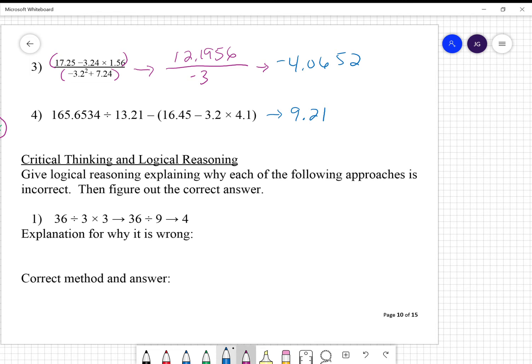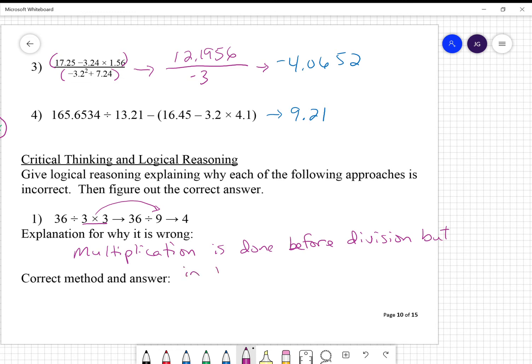The problem is that they did a multiplication before division. But since the division came first in the problem, that is what I should do first.